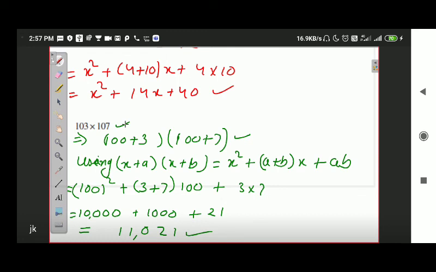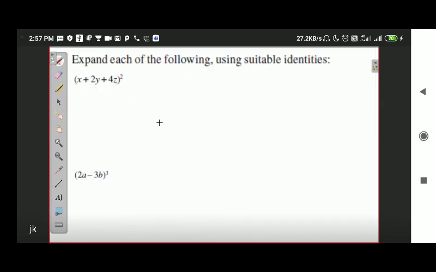In such questions, keep in mind that you add the numbers properly. Most of the mistakes that you make are that you do not add the numbers properly or do not put the proper powers. Next is the factorization using suitable identities. For the first question, we are going to use the identity a plus b plus c whole square is equal to a square plus b square plus c square plus 2ab plus 2bc plus 2ca.